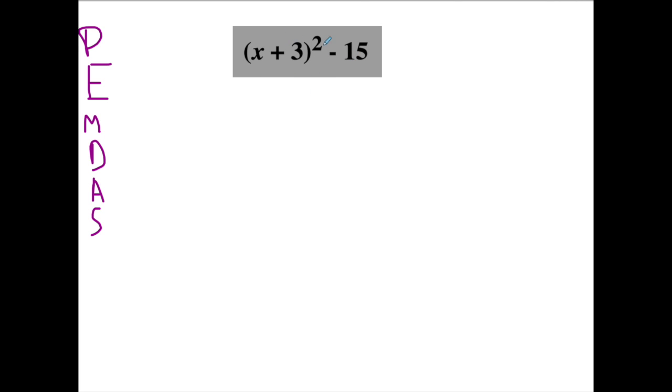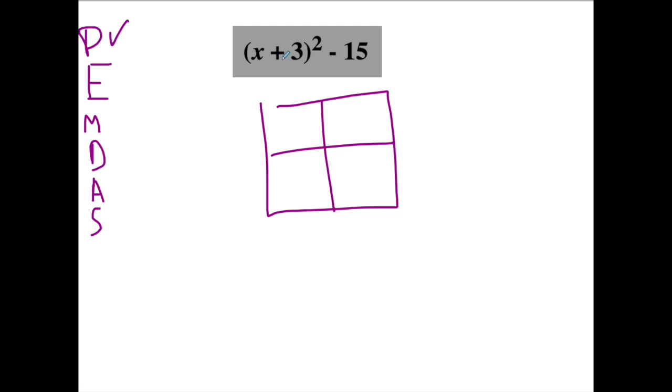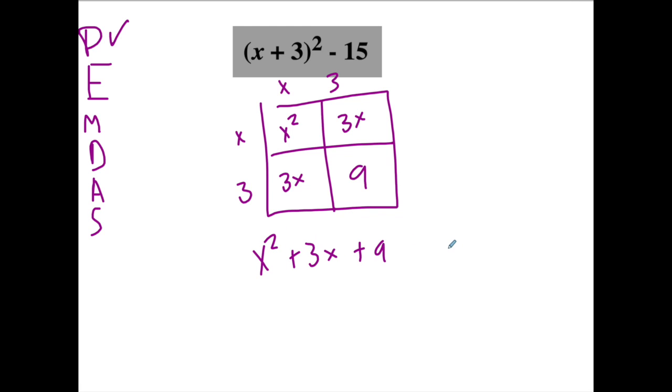There's nothing you can really do inside of the parentheses; they're already as simplified as they can be. So we start by doing the exponent. We get x and 3, x and 3, so we get x squared, 3x, 3x, and 9. So we get x squared plus 3x plus 9.